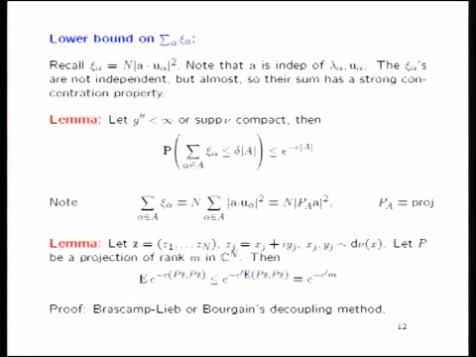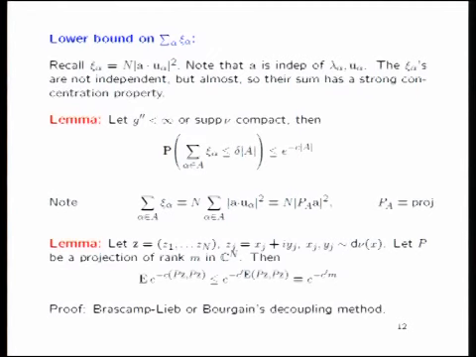This is again a large deviation result. This is correct, but I will not be able to show you the proof. It's not very long. If you base it on Brascamp-Lieb's argument, it's about a page, and Bourgain's proof is probably 2 pages.